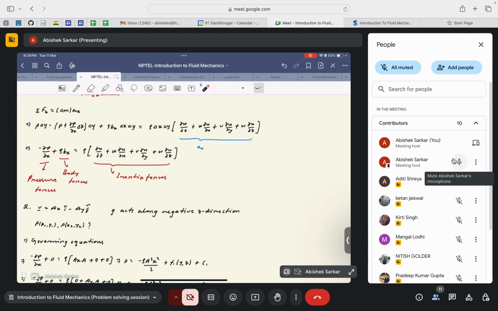So basically, if you take this term on the right hand side, you just need to integrate it to obtain the expression for pressure. Of course, you need to do it for both the x direction as well as the y direction, and then compare the terms. That's something that we did while we were dealing with the stream function, and then find an equivalent expression for pressure. Okay, so is it clear till now how to deal with this kind of problems, given the velocity field, how to obtain the pressure?